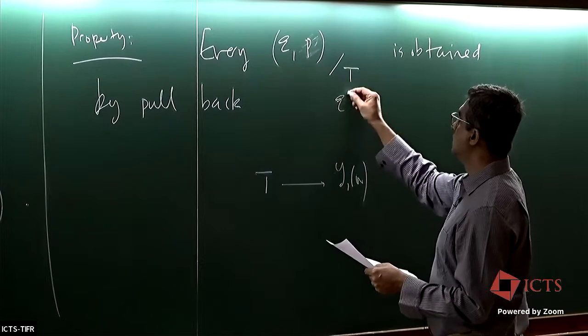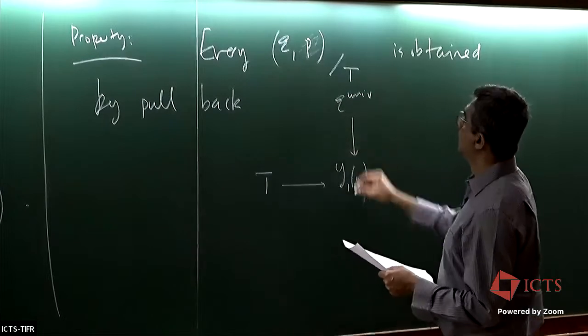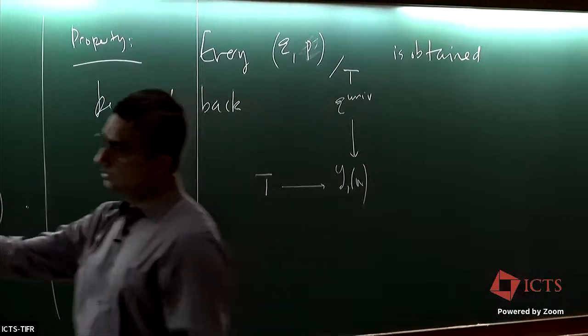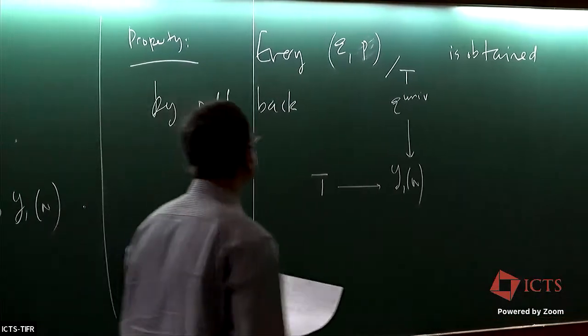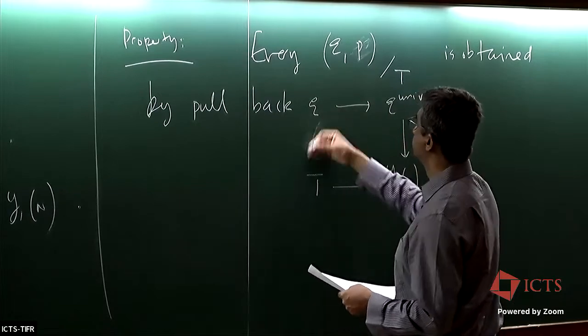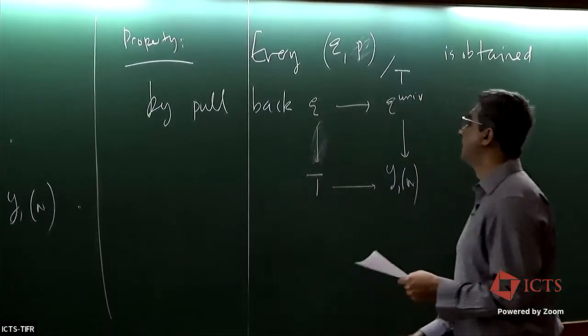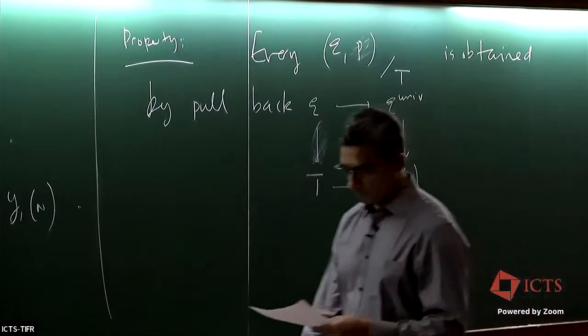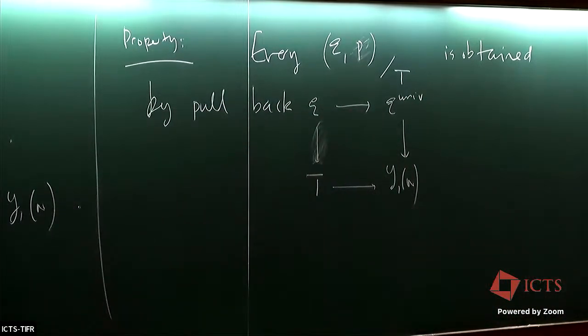And we have this, the universal one, where the base here was Y1n. And E is obtained as this fiber product. So we also have this family of elliptic curves living over the modular curve.